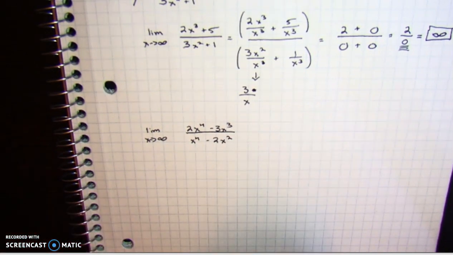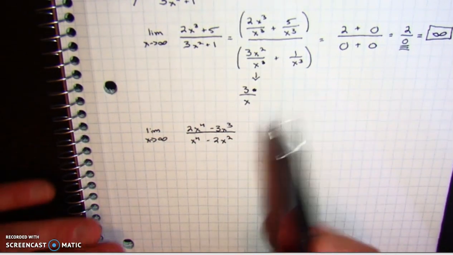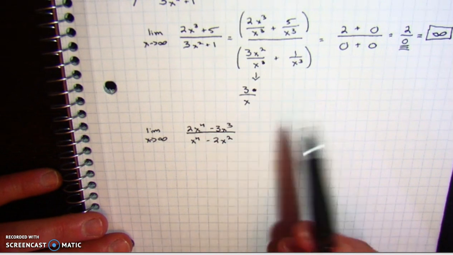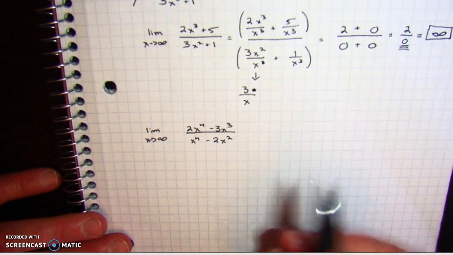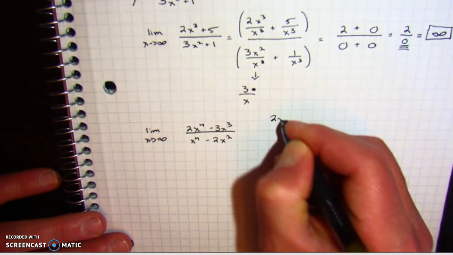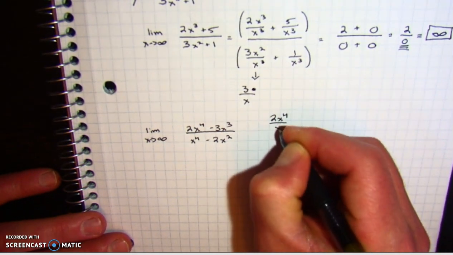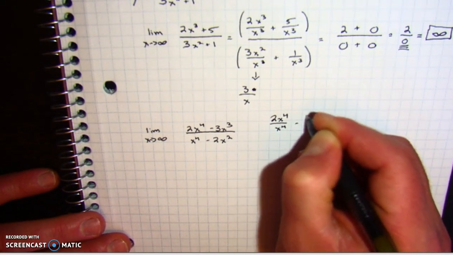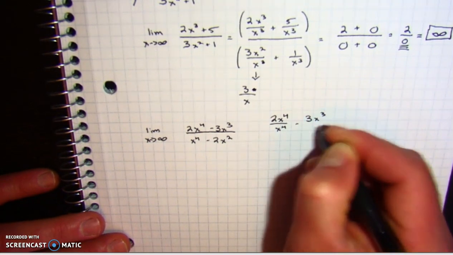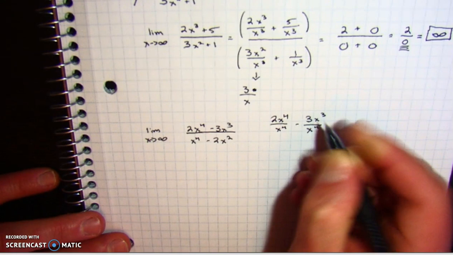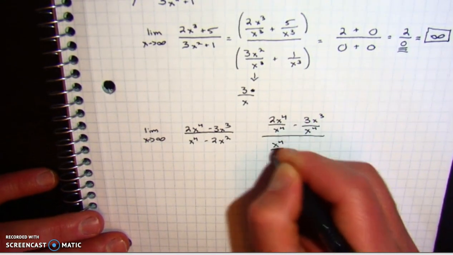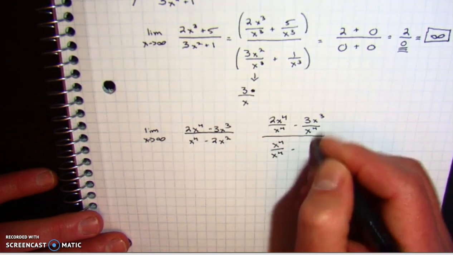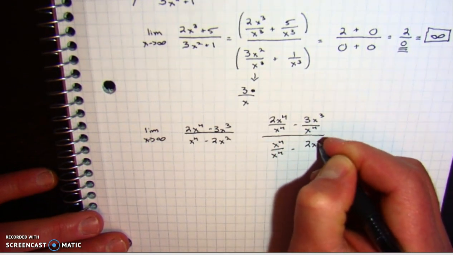We're going to use the same technique: divide by the highest order of the polynomial. These are both x to the 4th, so I'm going to divide everything by x to the 4th.